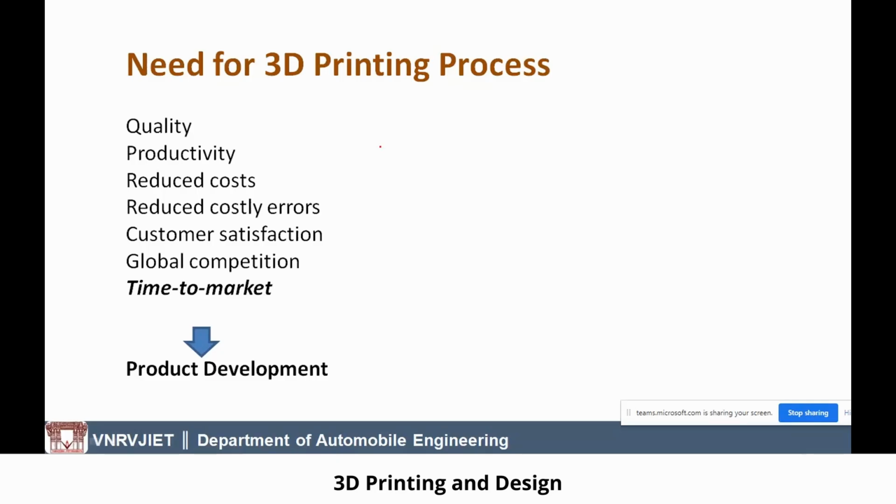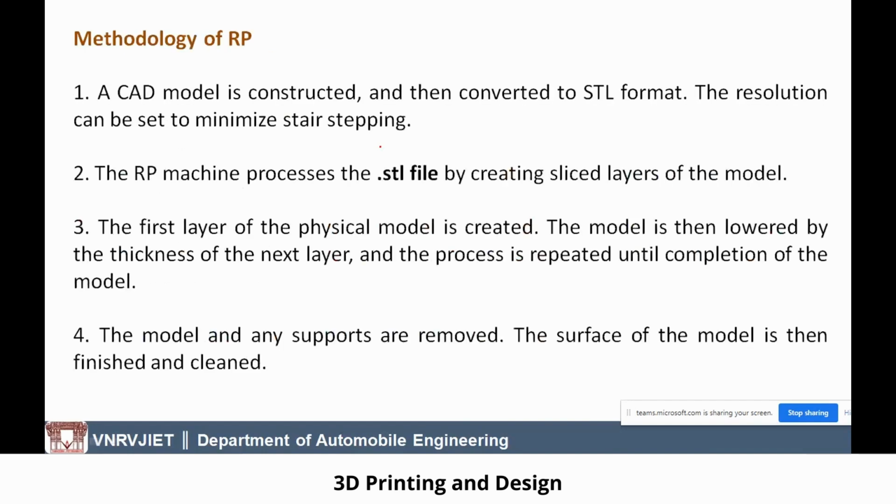And finally, we are going to develop a new product using this 3D printing process. If you want to produce a component using a 3D printing process, there are several steps. The first step is production of the CAD model using software.